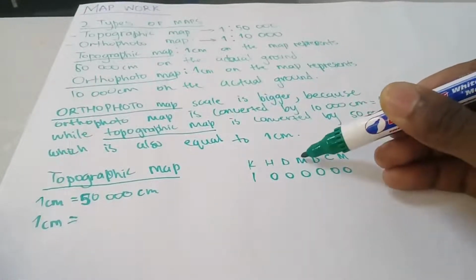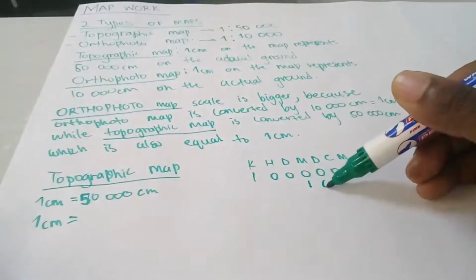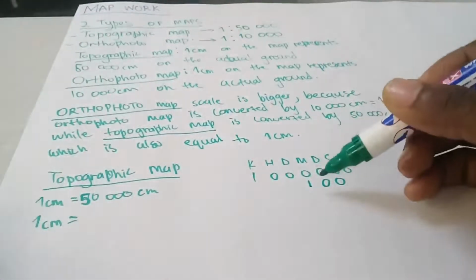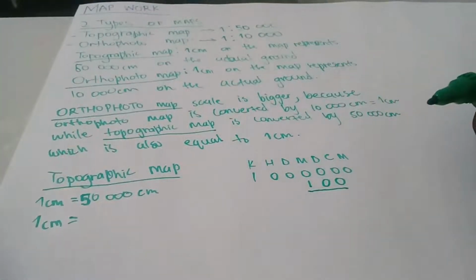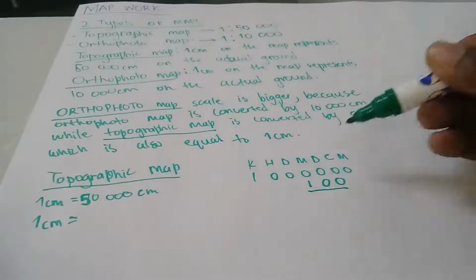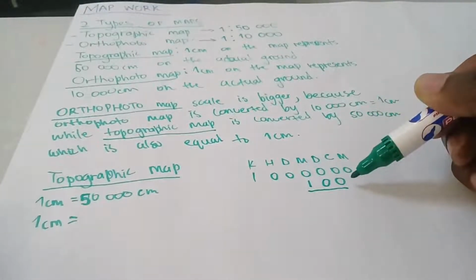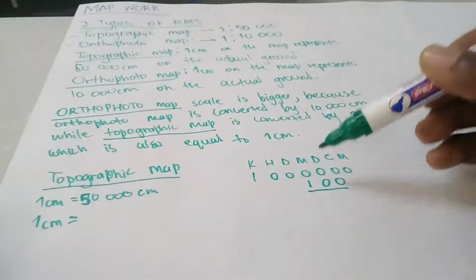Let's start at meters. When you start at meters, write 1. Then 1, 2, these are centimeters, meaning that we multiply by 100. So when you take centimeters to meters, we multiply by 100. Don't forget that.